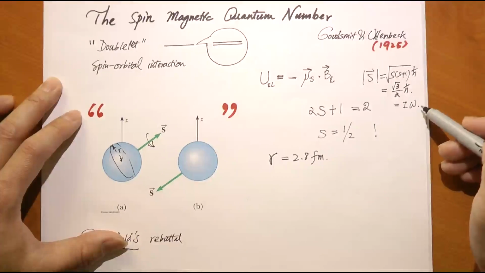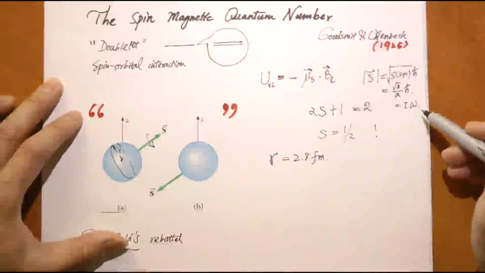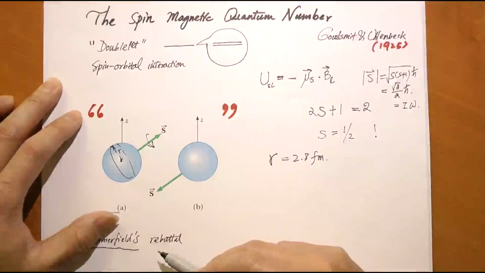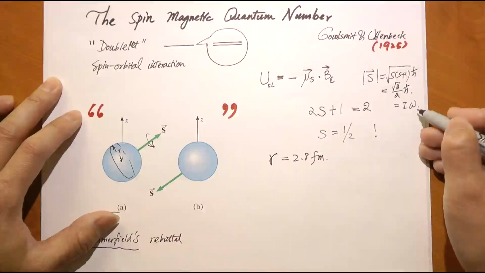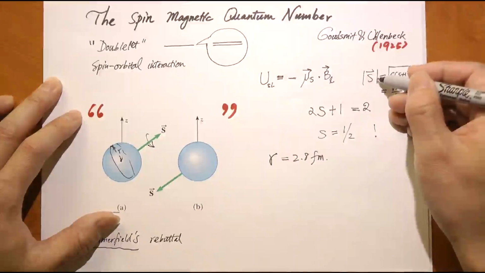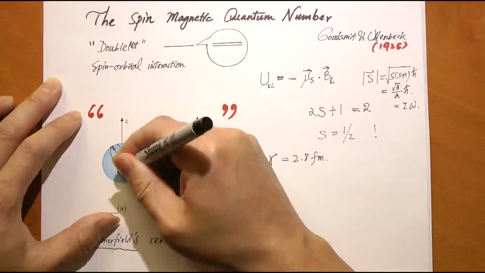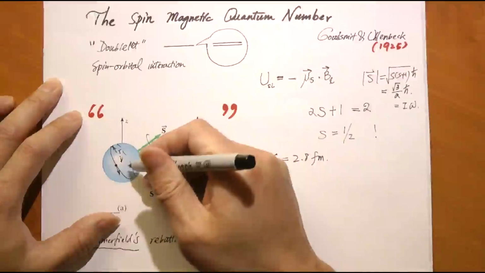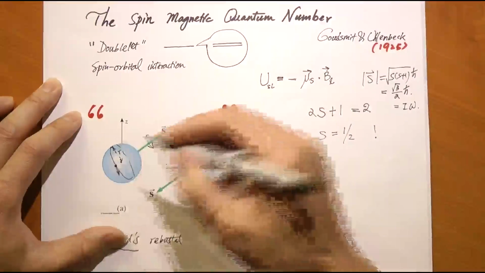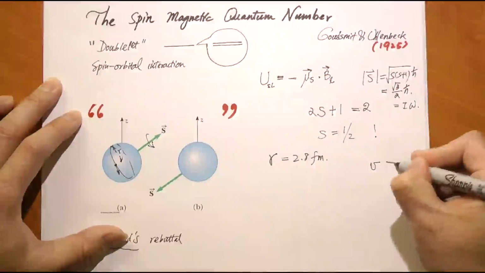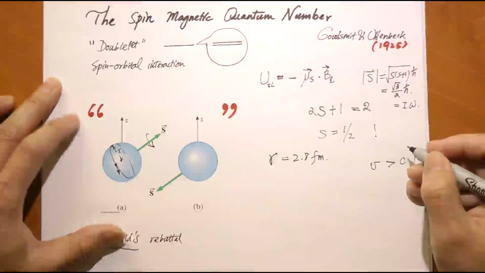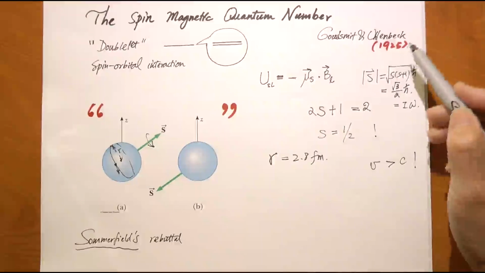You can calculate omega. Now if you go in and calculate that omega, which Sommerfeld did, he found that omega is so large, the electron spins so fast in order to produce this angular momentum, that a point on the equator of this electron must have a linear speed v greater than c, the speed of light. Now that was 1925.